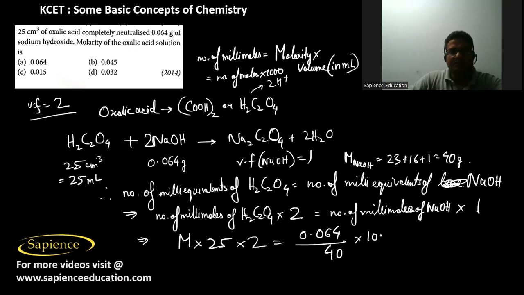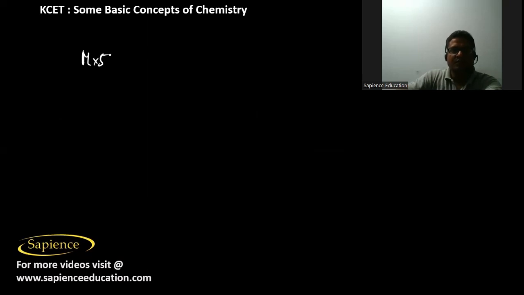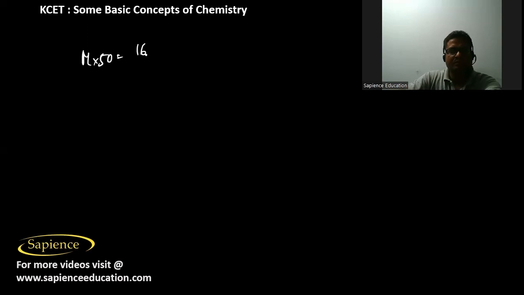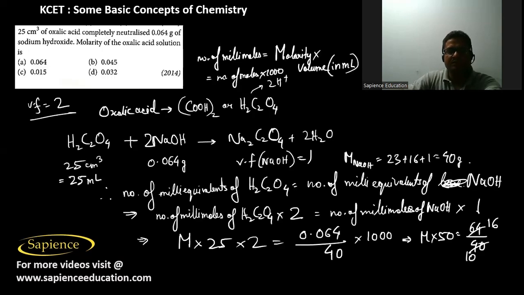into 1000. So therefore, into 1000 means it will become 64. Therefore, it is M into 50, that is equal to 64 by 40. So 4 tens are 40, 4 sixteens are 64. Then molarity into 50 will be equal to 16 by 10.